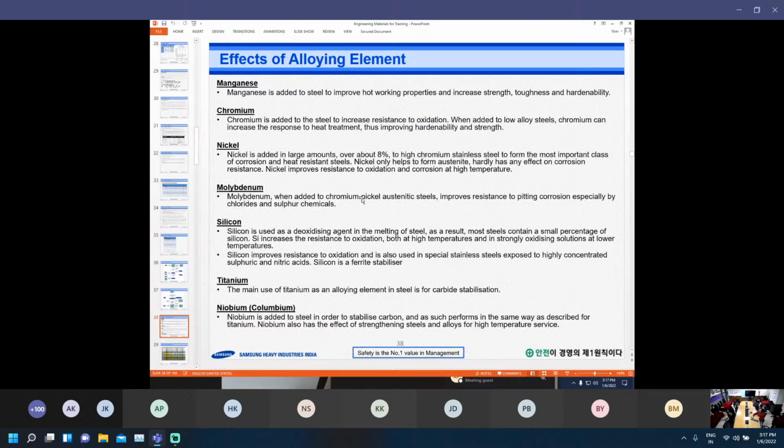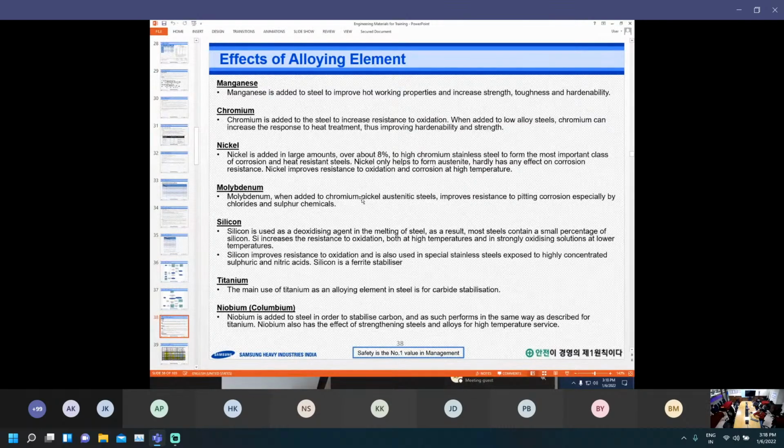Titanium. Titanium is a very, very costly material, but it is good for carbide stabilization. The term carbide stabilization means it helps to form carbide with the help of titanium, so it will not form carbide with the chromium or moly. Okay.